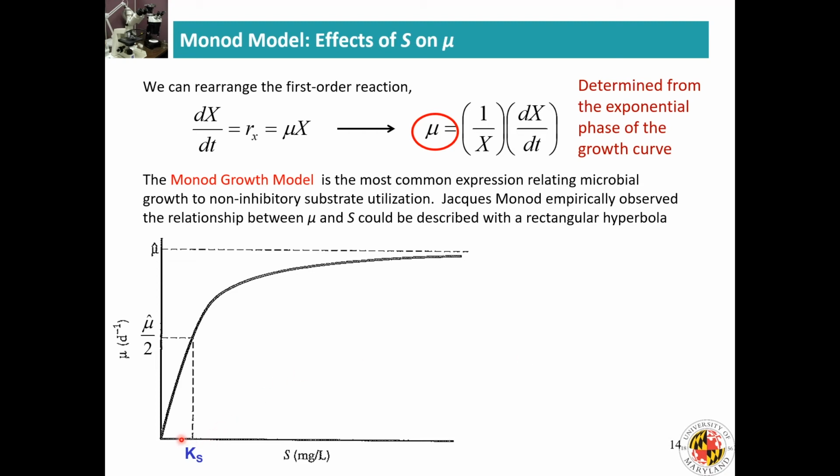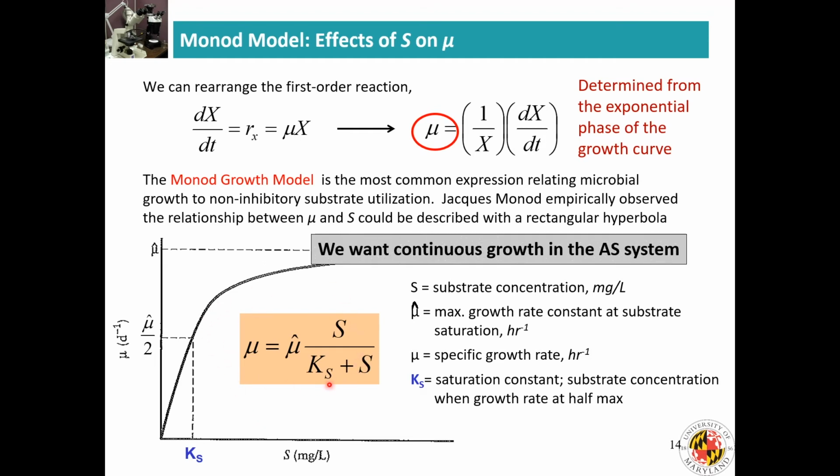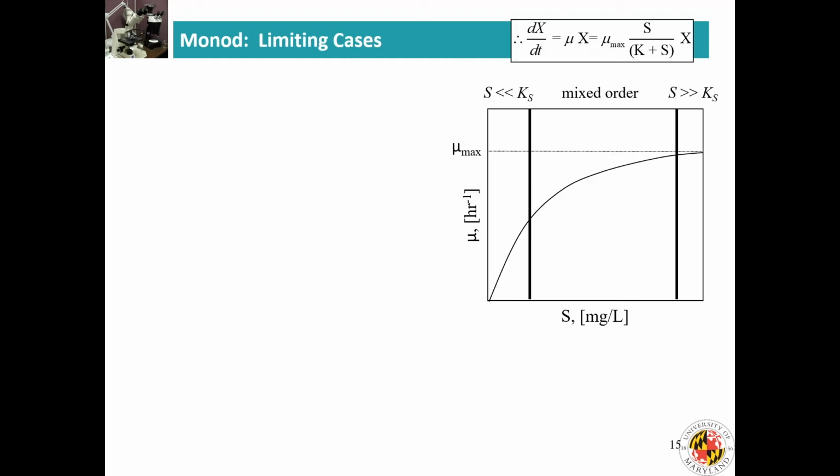He was also able to define this parameter called Ks, or saturation constant, which is defined as the substrate concentration when growth rate is at its half maximum, like this. So with this graph, he was able to find this equation which can relate the specific growth rate to the substrate concentration. Let's take a closer look at this Monod graph.